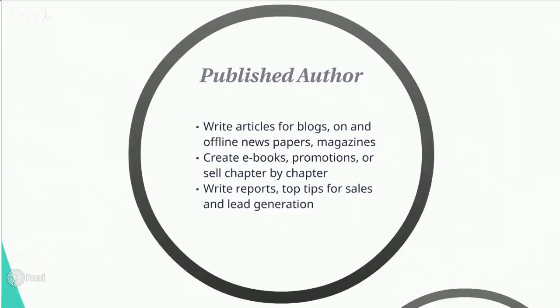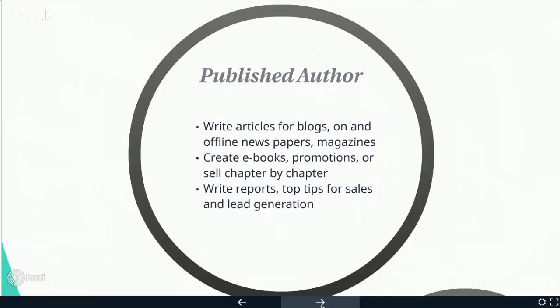So the first way to start, I say, is by becoming a published author. You can write articles for blogs and magazines and newspapers and create ebooks and things of that type. And you use that written word as your script for your audio and your video and your live event. That way you're repurposing it. There are so many different formats you can use, but there are ways that you can just write an article, submit it, and in a matter of minutes be a published author.